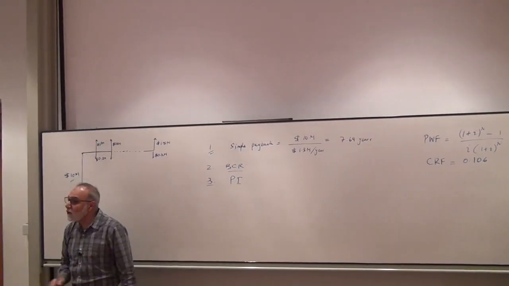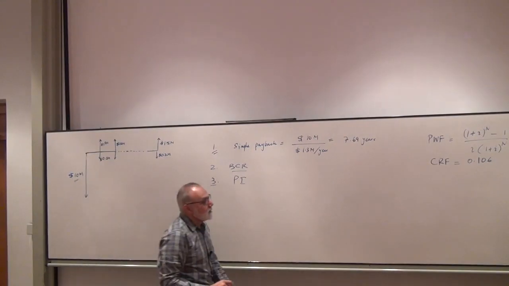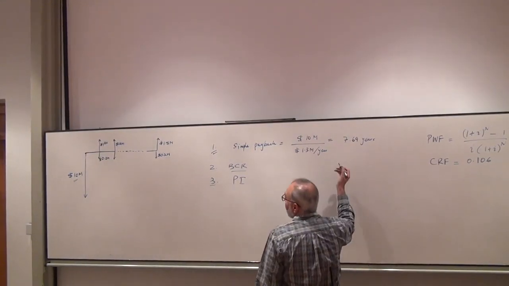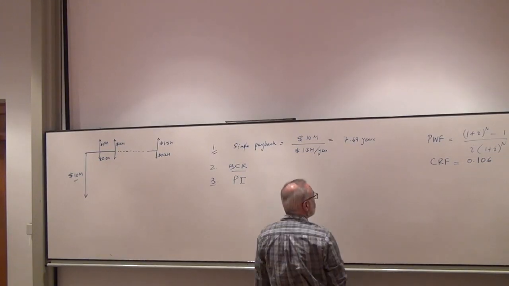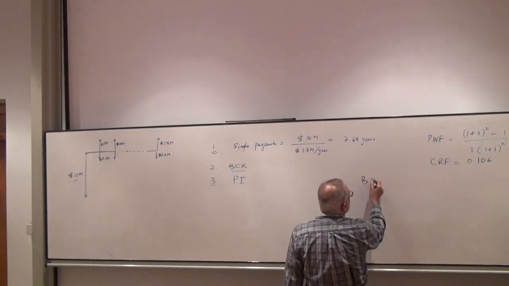Now, if we want to bring all the costs and benefits here, then multiply with the present worth factor. On the total benefit over total cost basis, we can find BCR first.